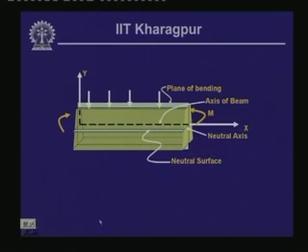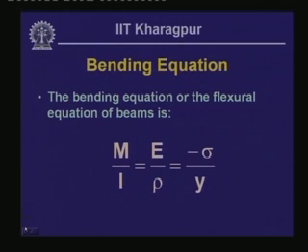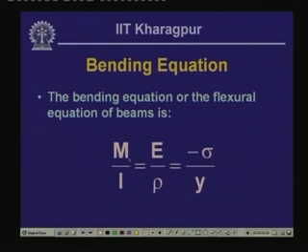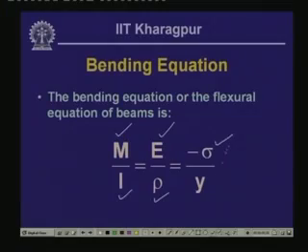Now, the bending equation which we get is of this kind, where M is the bending moment, I is the moment of inertia, E is the modulus of elasticity, rho is the radius of curvature of the neutral axis, sigma is the stress, and y is the distance of the point where we are trying to find out the bending stress.